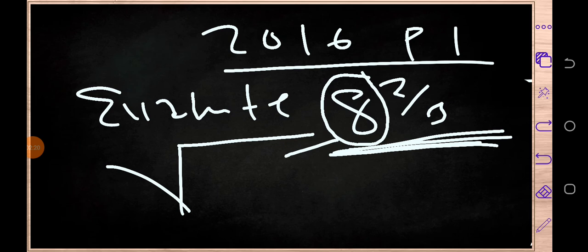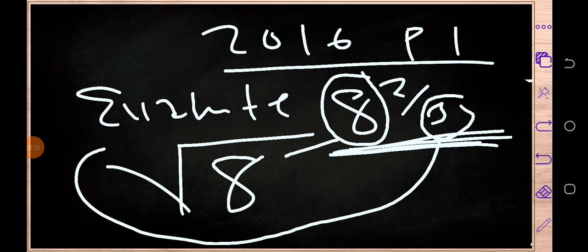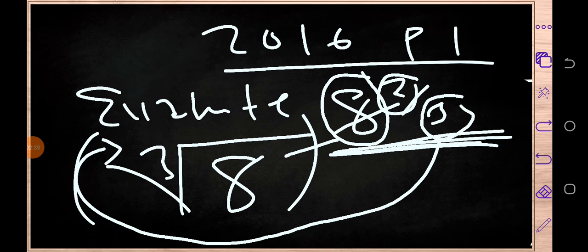This number, which is the base, you have to write right over here. Then this number which is down there, you have to write it right over here. Then this one which is on top, you have to write it right over here. Okay, I'm sure you can see what I'm doing.